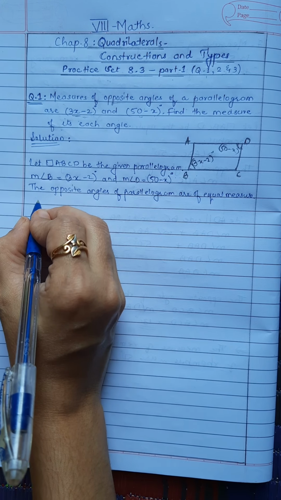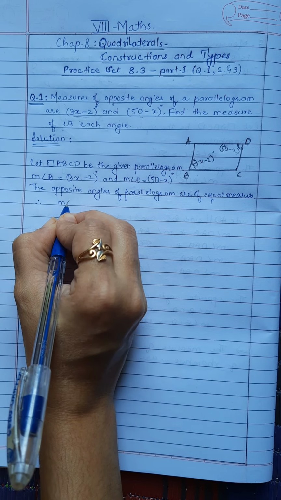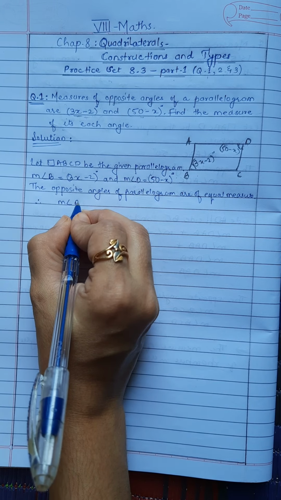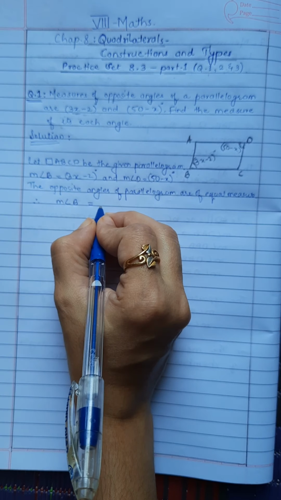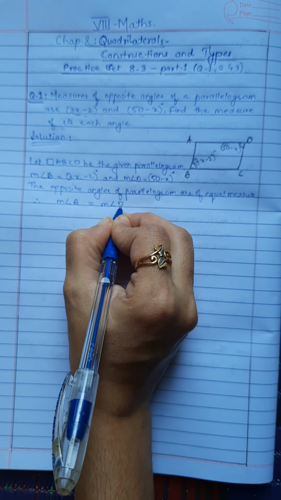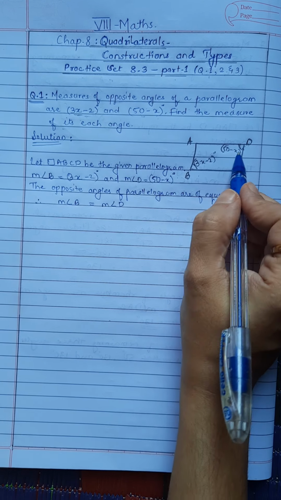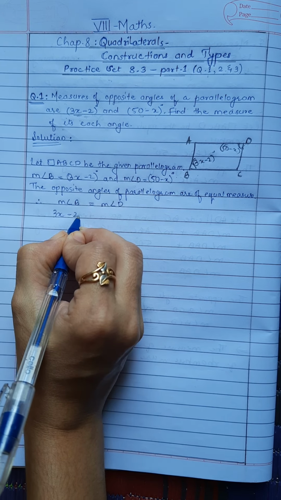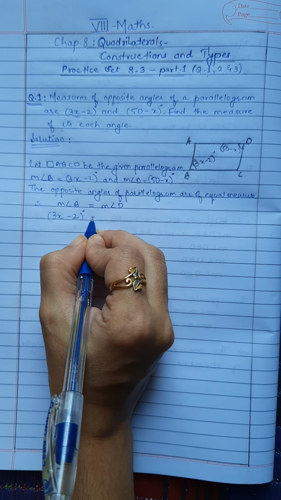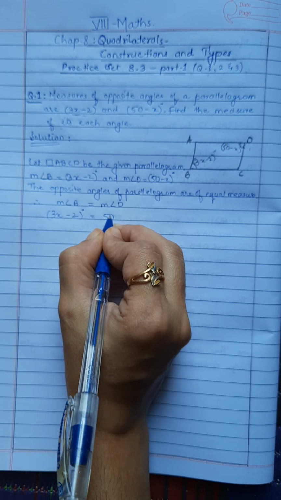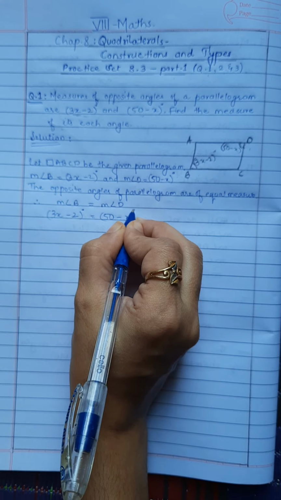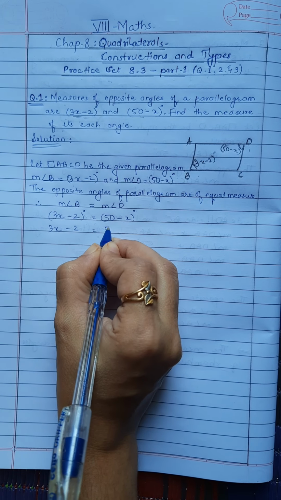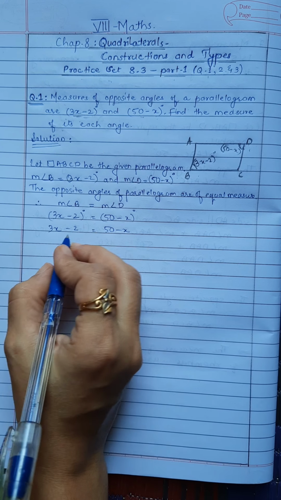Therefore, measure of angle B will be equal to measure of angle D. I'll write the given measures: B is 3x minus 2 degree and D is 50 minus x degree. Now remove the brackets. 3x minus 2 equals 50 minus x.